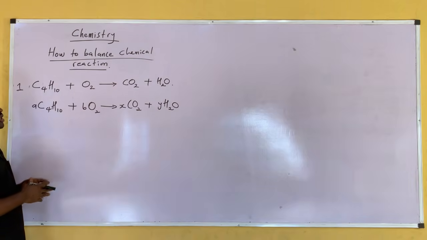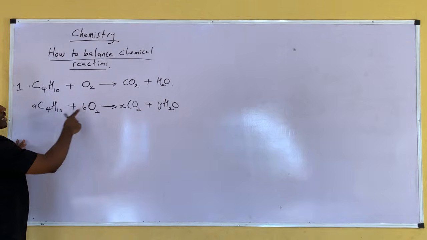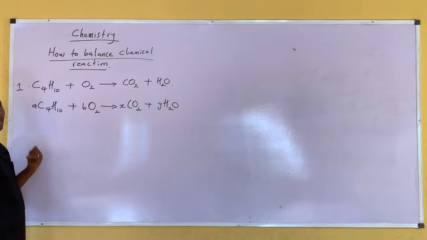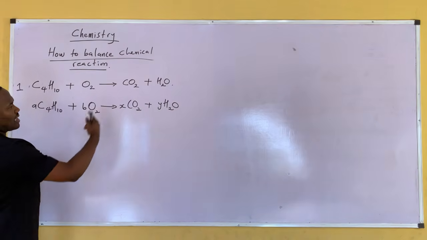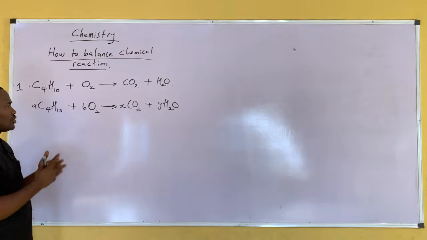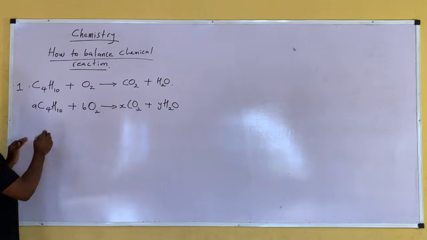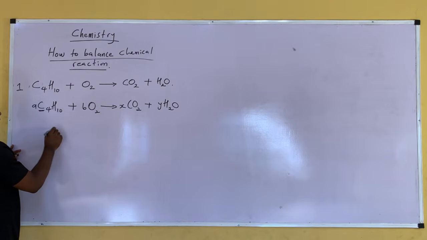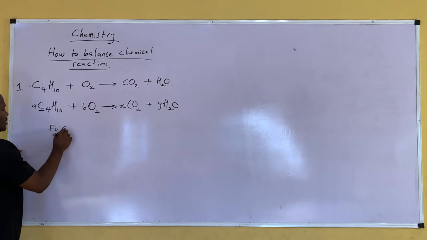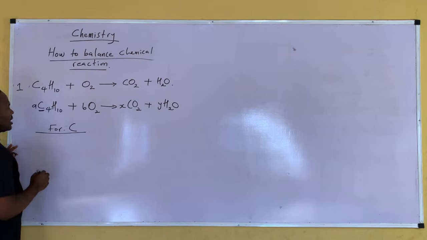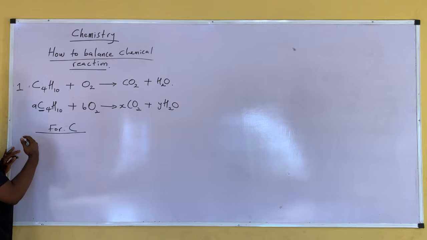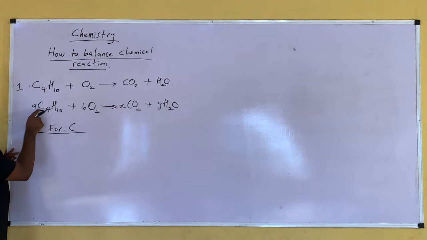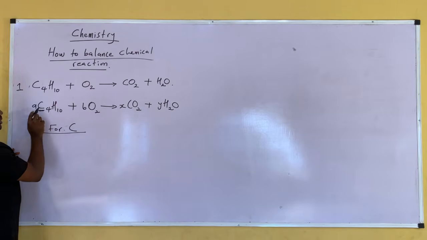The next thing is to balance each of the atoms at the left hand side to equal the atoms at the right hand side. The first element is carbon, C. At the reactant side, this A is affecting this carbon, and this 4 is affecting the carbon.